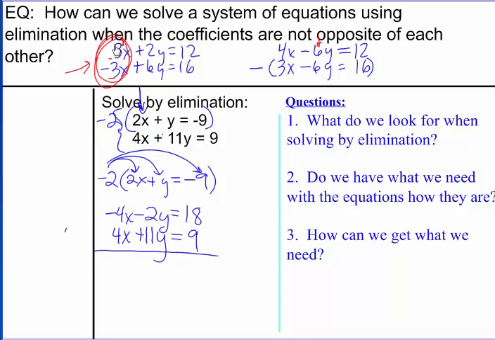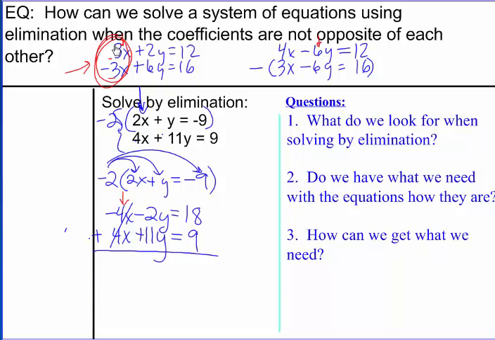Now, if you look at your variables, the x variable does have a coefficient that is opposite. So we're going to go ahead and add our two equations. Negative 4x plus positive 4x gives me 0x. So our x variable canceled.